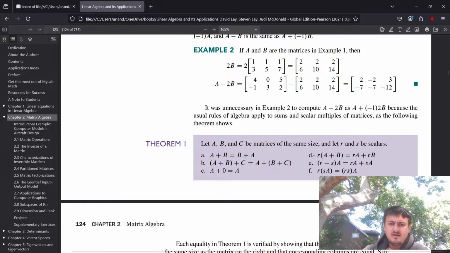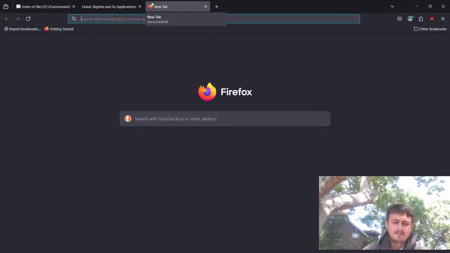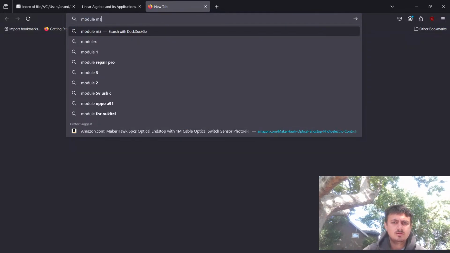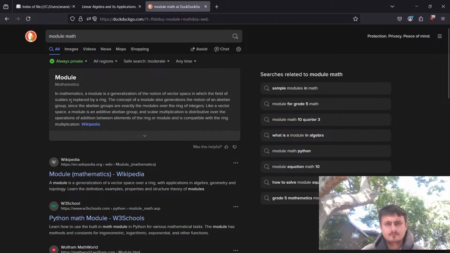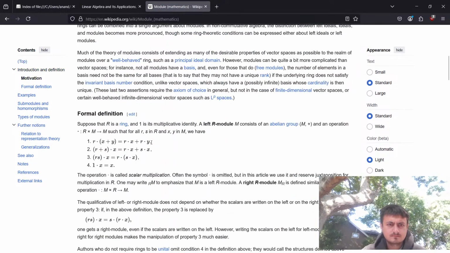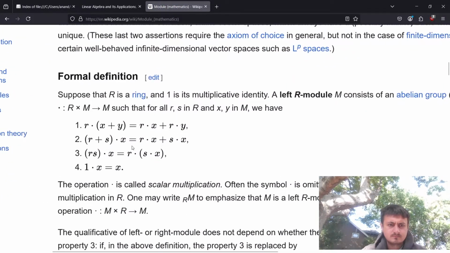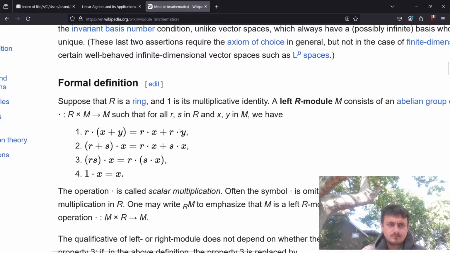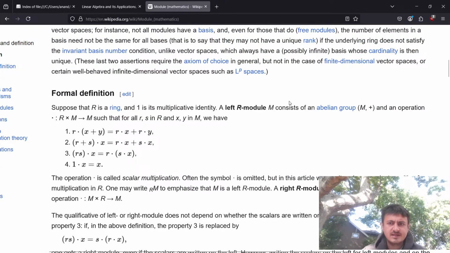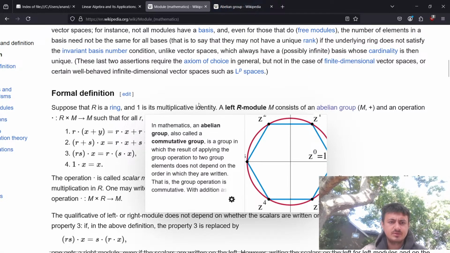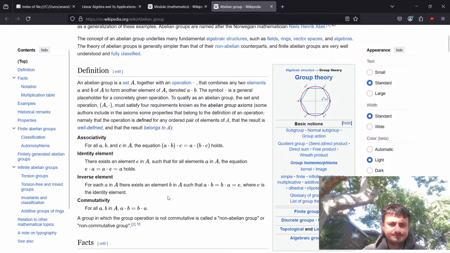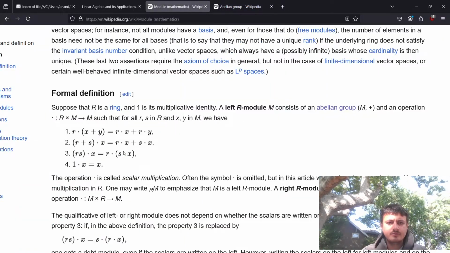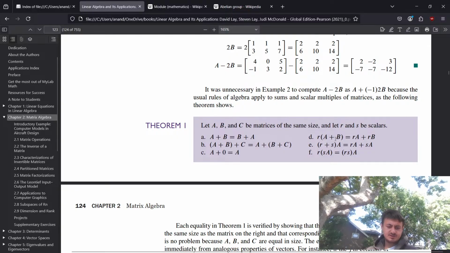Because I think if we look up module, yeah, see, M over plus is an abelian group. So okay, well we'll get into it later, but let's just write down theorem 1.